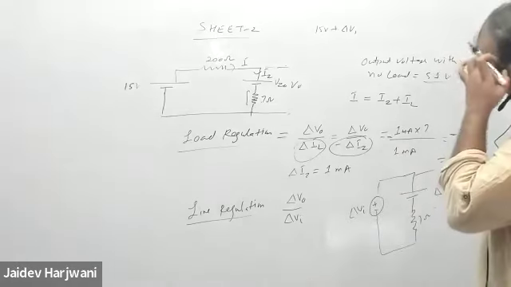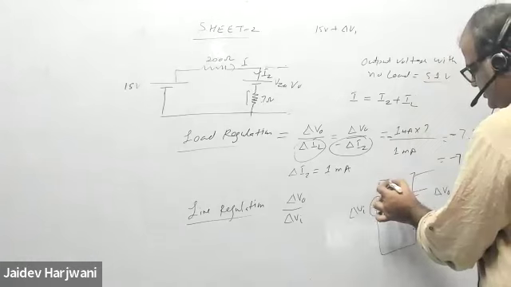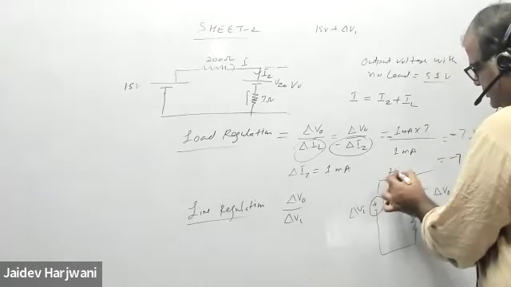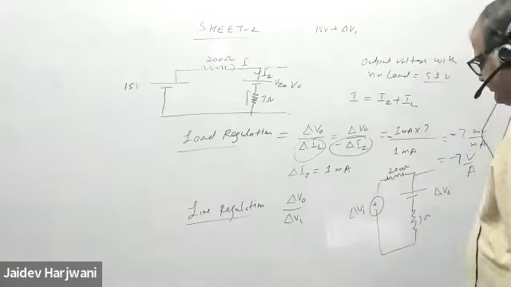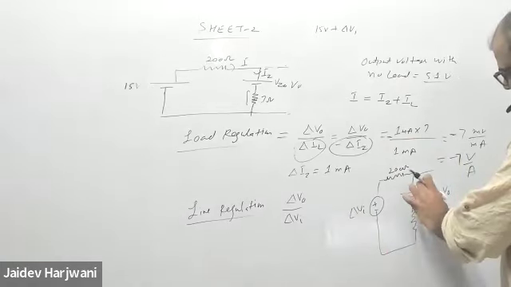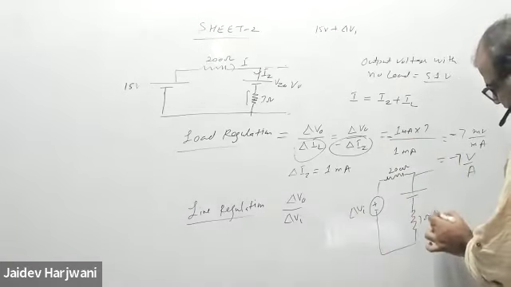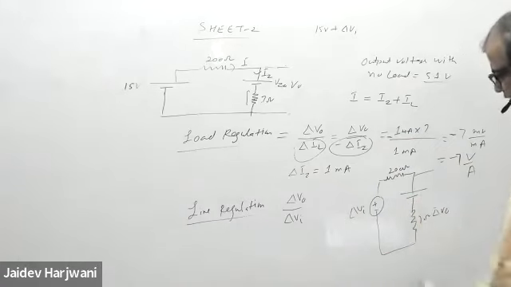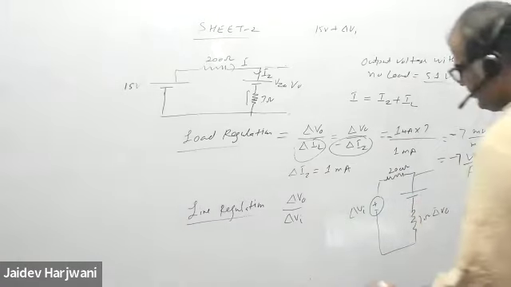So tell me, what should I write here? 200 ohms is there. This is fixed, so whatever change will come, will come only here. So delta V naught will be how much?